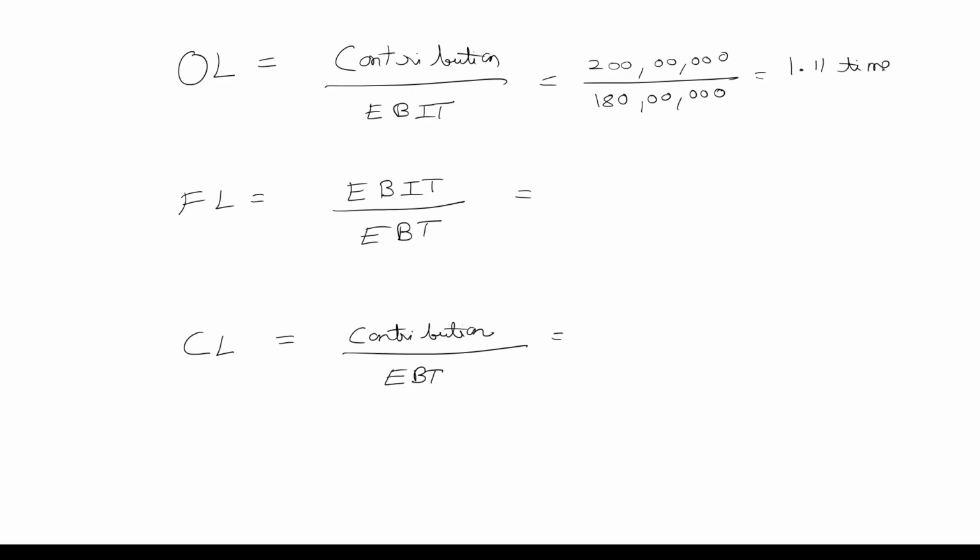So my operating leverage is 1.11. Now when I come to financial leverage, my EBIT is 180 lakhs and my EBT is 174 lakhs. So let's see what is the financial leverage. That is 1.03 times.